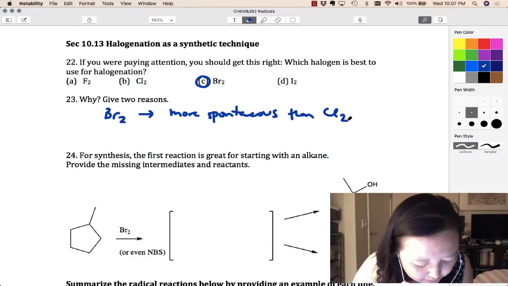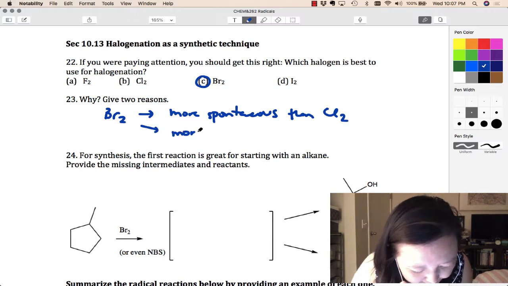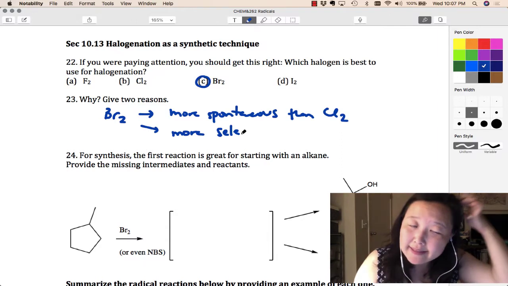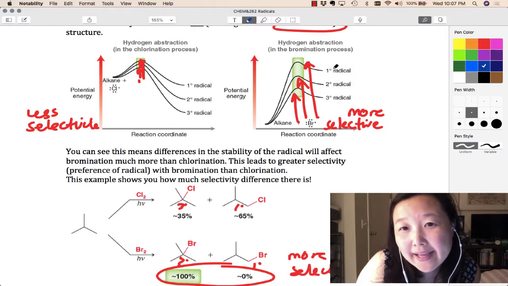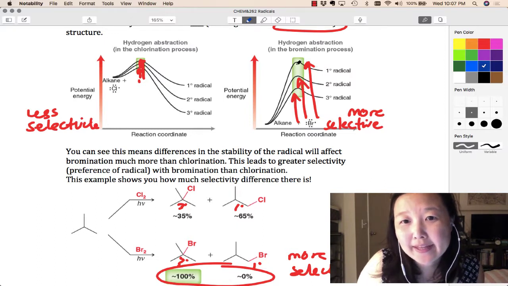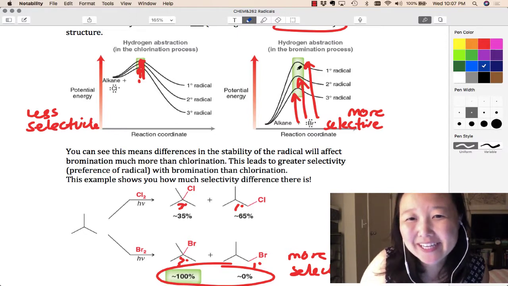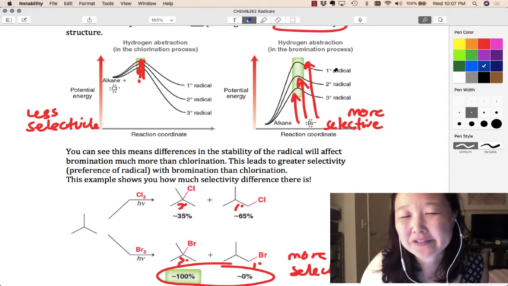And then also it's definitely more selective because of the Hammond postulate and the idea that the intermediate is going to be more indicative of the transition state energy. And so you're going to see a bigger difference in the activation energy for these reactions based on whether you have a primary, secondary, or tertiary radical.